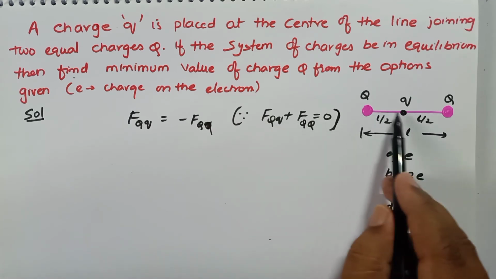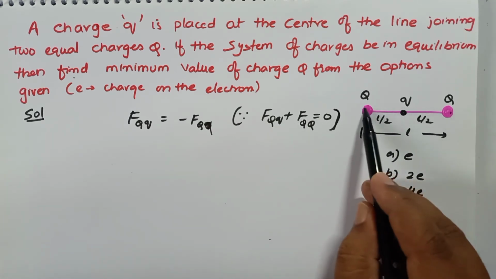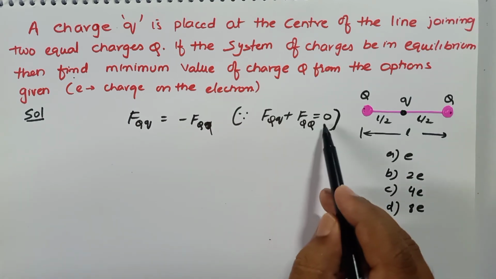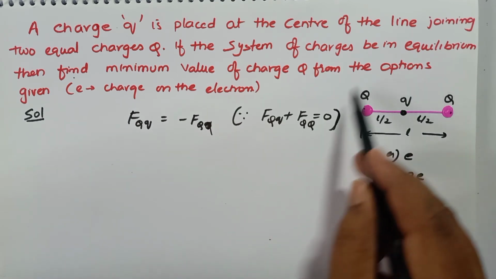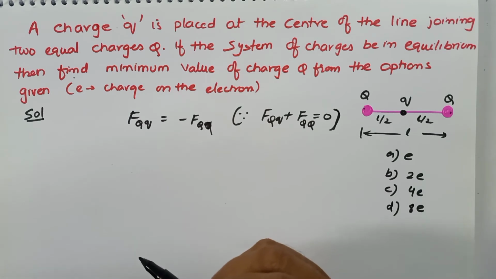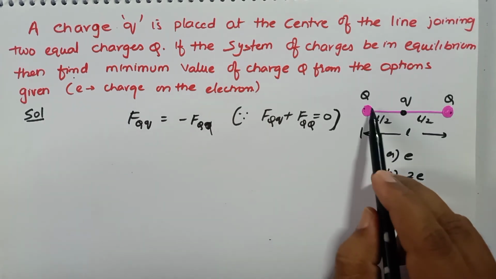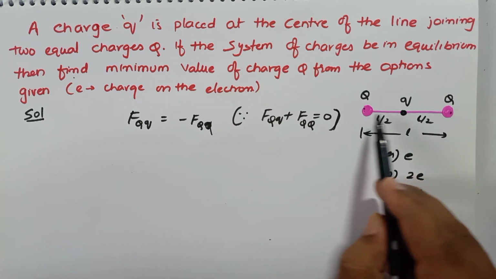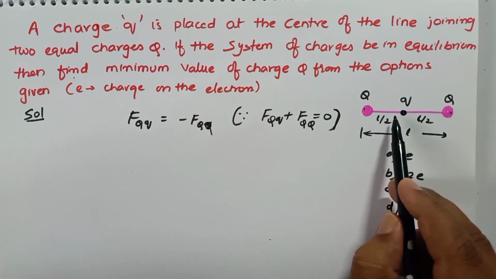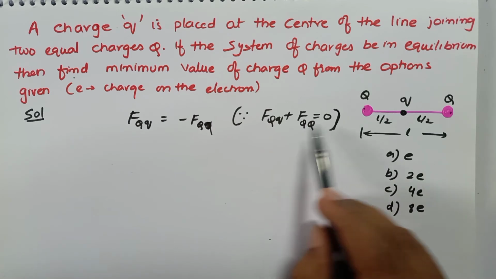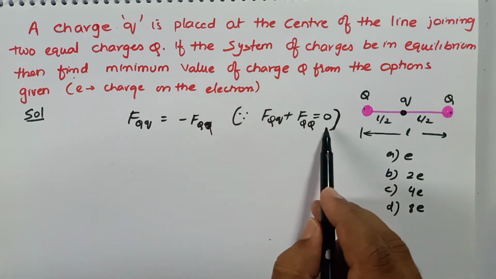This is the force between these two charges, and the force between these two charges, the sum of them will be equal to 0 because the system is at equilibrium position here. Hope you have understood this one. Okay, the force between these two charges and the force between these two charges will be at equilibrium if you add them. So that's what we have written here.